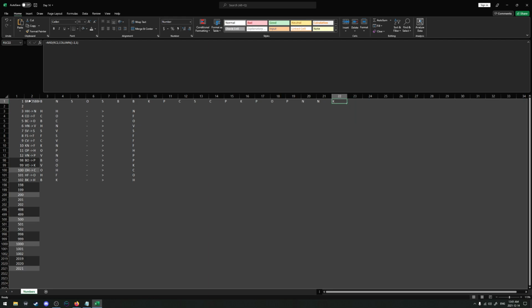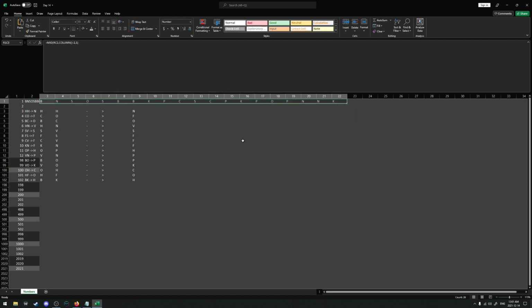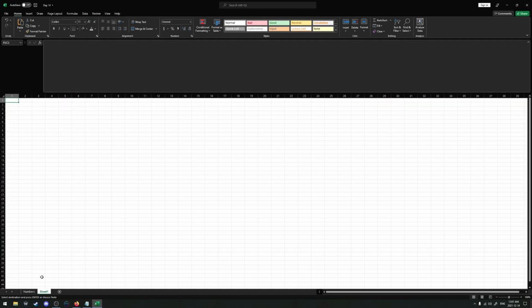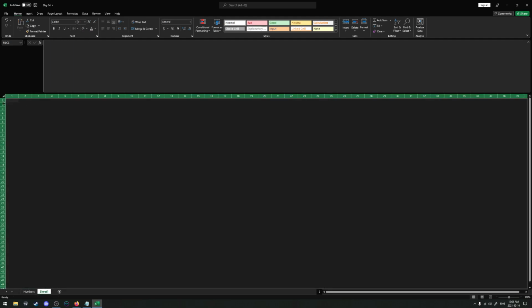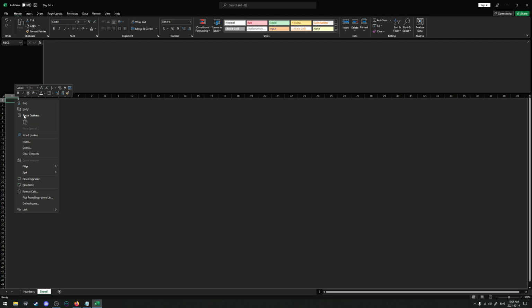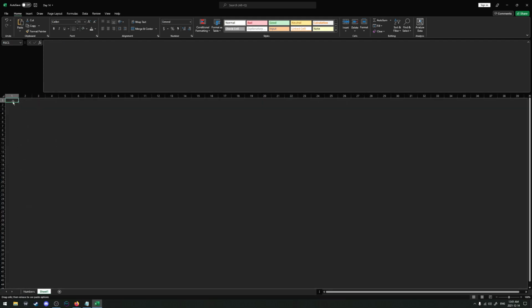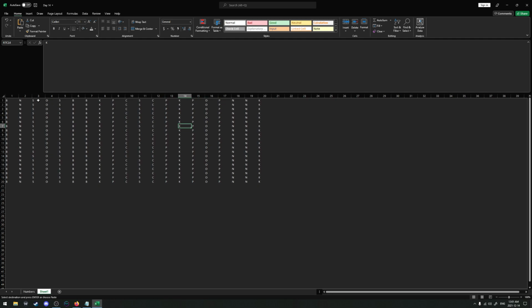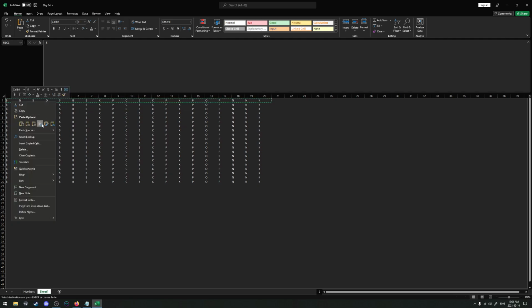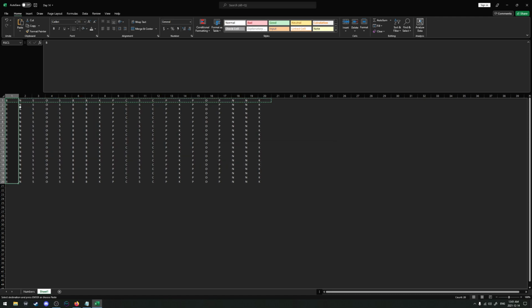And then K. I'm gonna paste this transposed. Paste transposed.